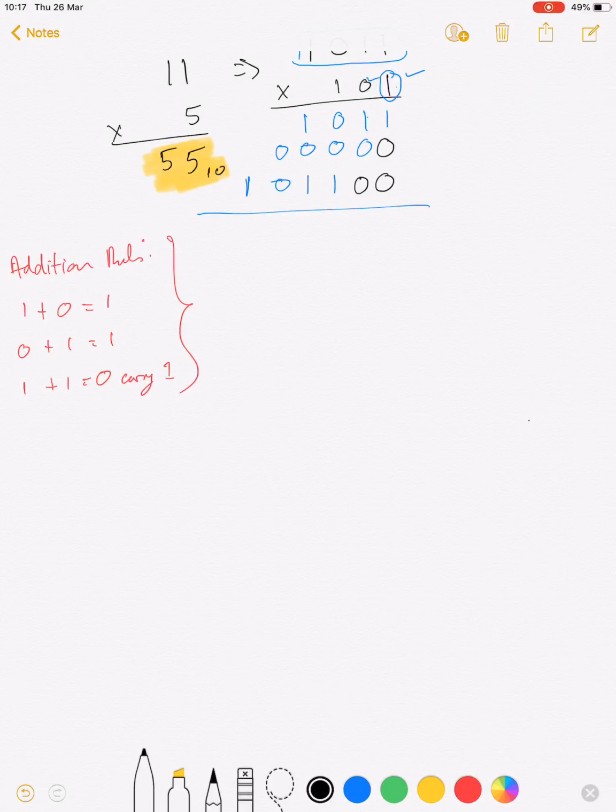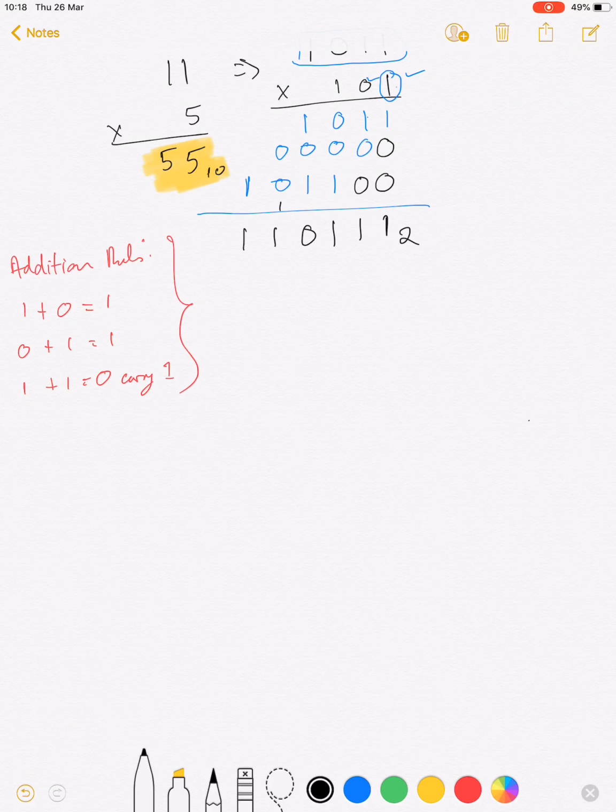We say 1 plus 0 plus 0 gives me a 1. 1 plus 0 plus 0 is a 1. 1 plus 0 plus 0 is a 1. 1 plus 0 plus 1 is a 0, carry the 1. 1 plus 0 plus 0 is equal to a 1. And 1 plus 0 is equal to a 1.